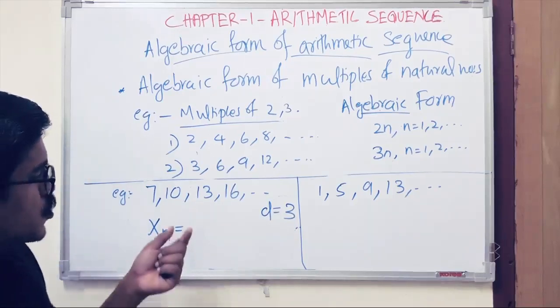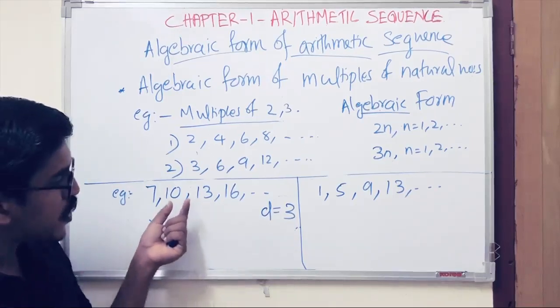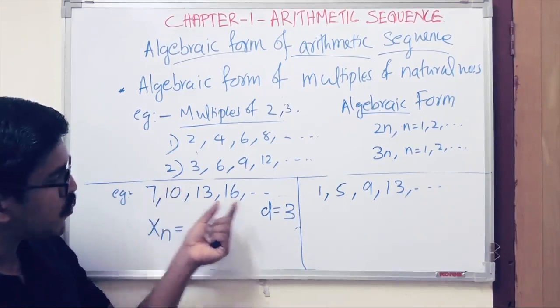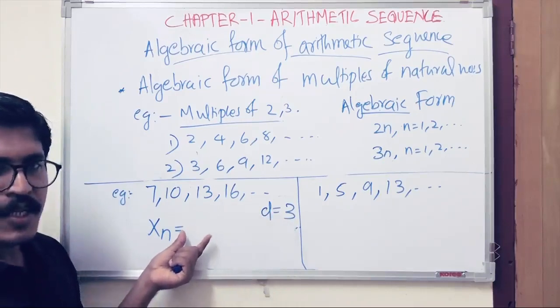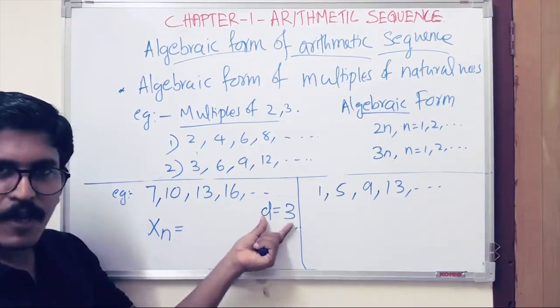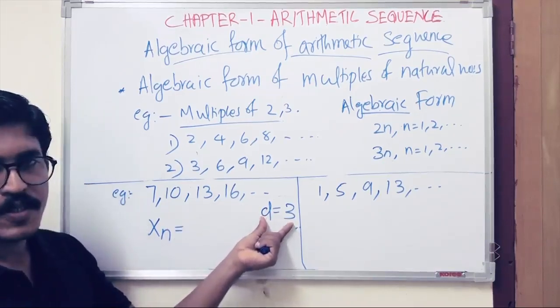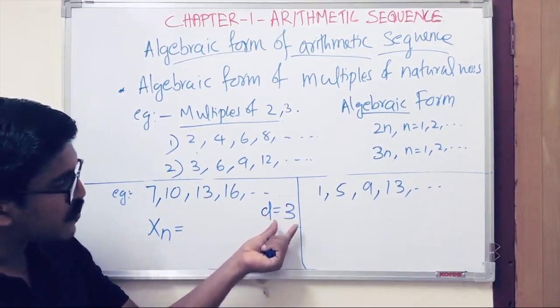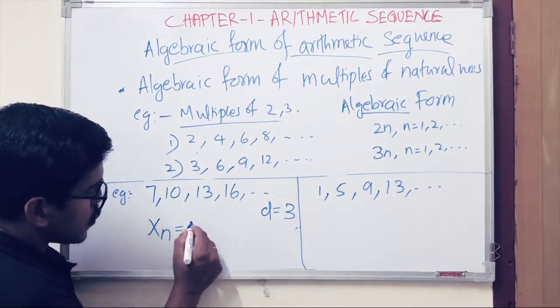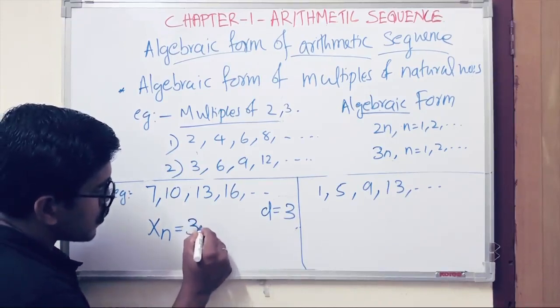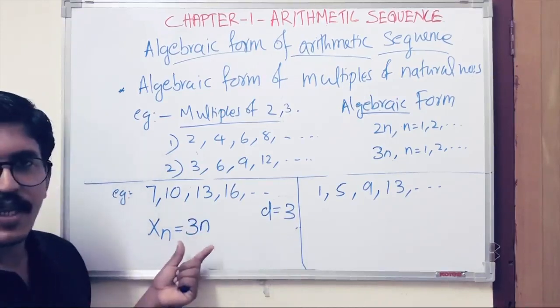First we write the algebraic form of multiples of the common difference. Here the common difference is 3, so we can write it like this, 3n.